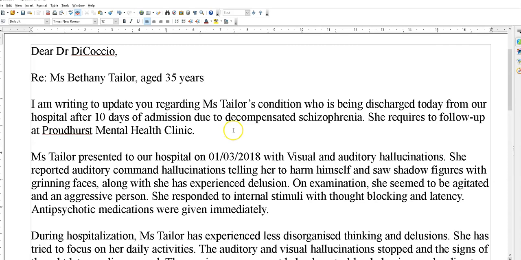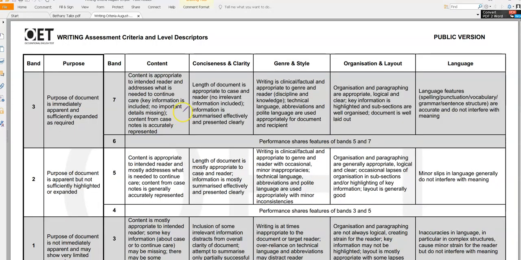She's been discharged today from hospital, 10 days. Well, it's obvious you don't really need to put that. Discharged today. You don't really need to tell after 10 days of admission either, because we can work it out from the dates. This is part of the conciseness and clarity parts, just to show you the note.